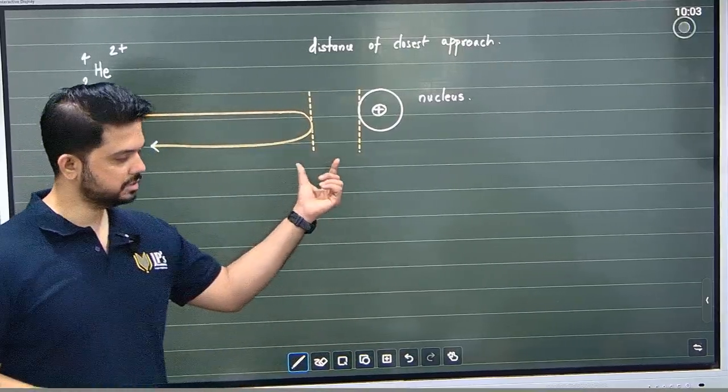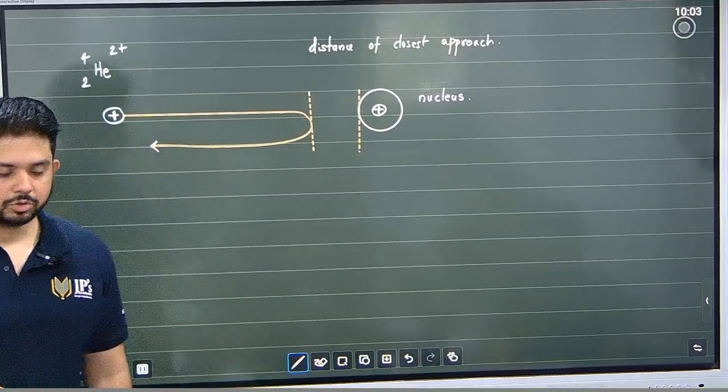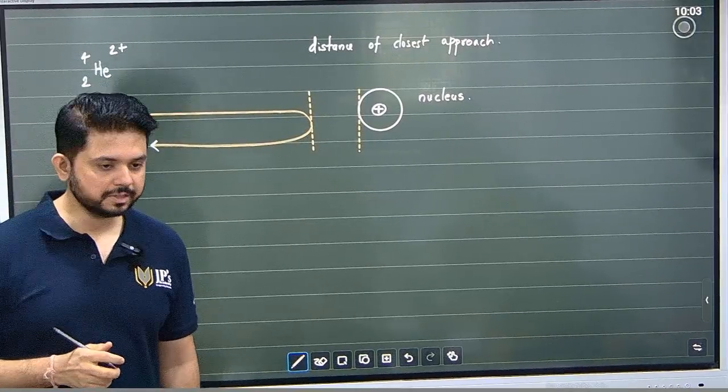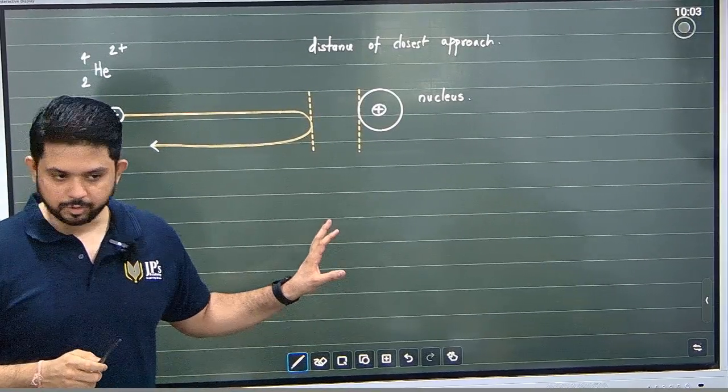And this was the distance which also helped Rutherford find the radius of the atom and the radius of the nucleus. Any questions still here?